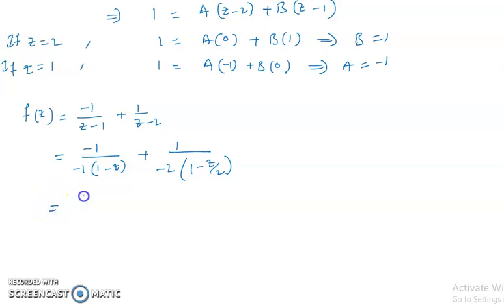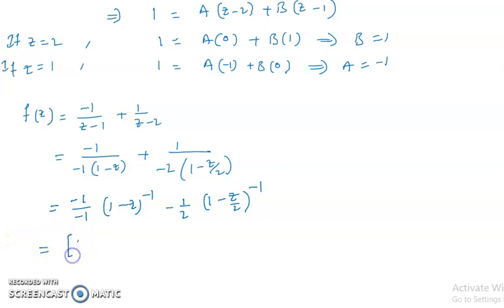That implies we have to bring the 1 minus z into the numerator. So minus 1 by minus 1 of (1 minus z) whole power minus 1, minus 1 by 2 of (1 minus z by 2) whole power minus 1.